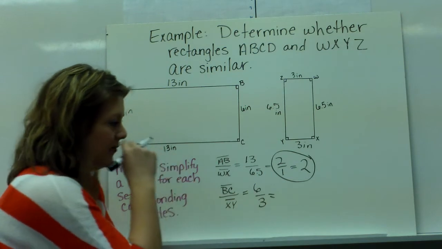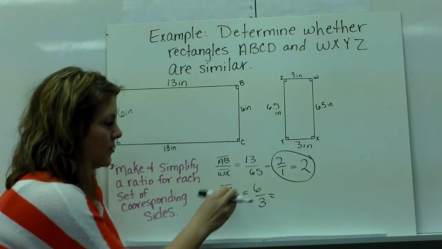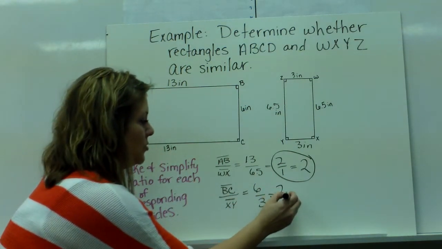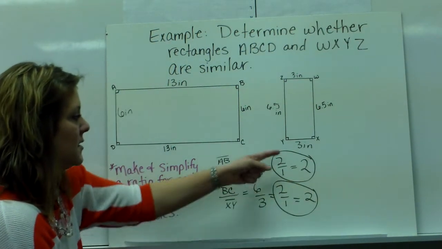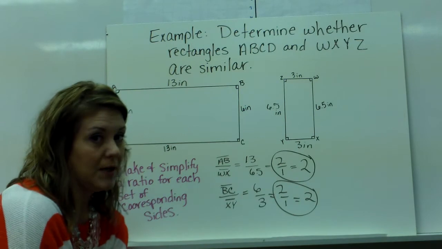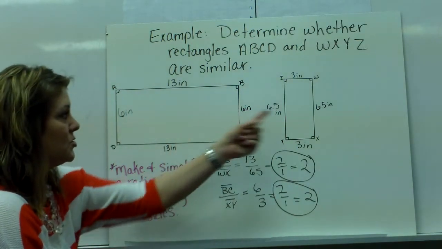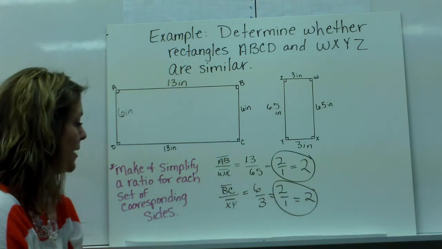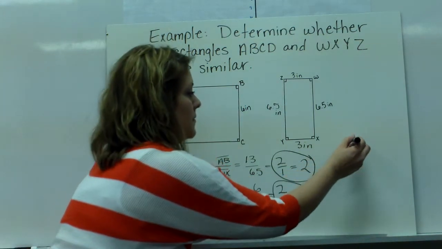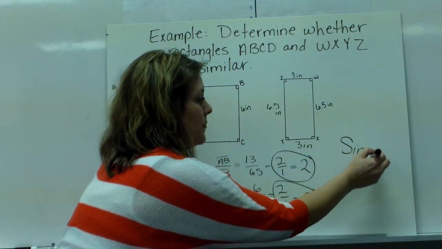This one's a little more obvious. 6 over 3, or 6 divided by 3, is a 2 to 1 or a 2. Since those ratios are equal, then these two figures are proportional. Their sides are proportional, which makes this similar.